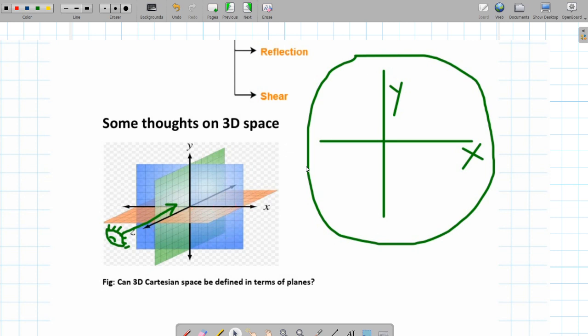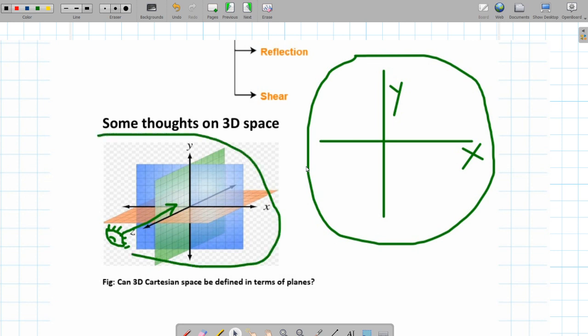I hope this makes sense to you. So a three-dimensional space you can represent by using three perpendicular primary axis or three perpendicular primary planes in other way. So this was the idea behind this diagram.